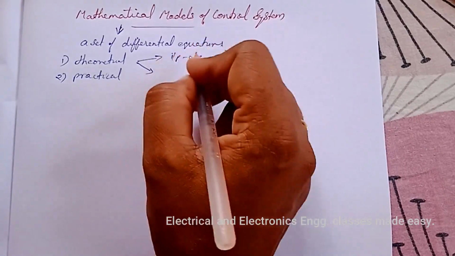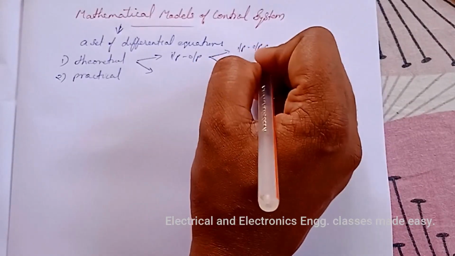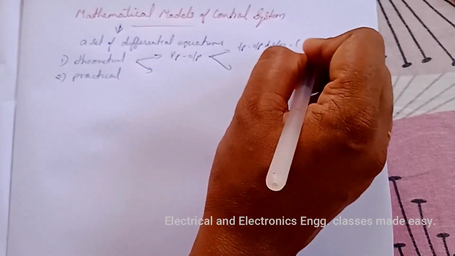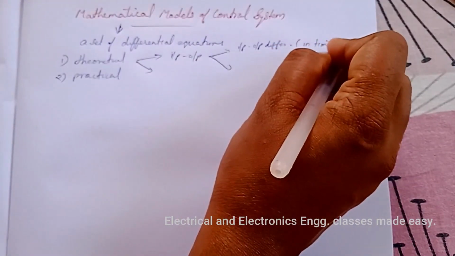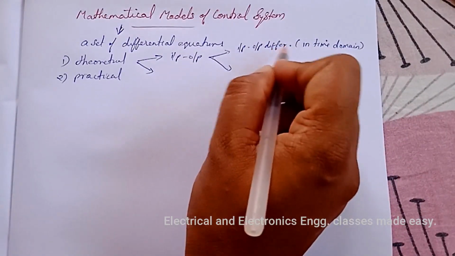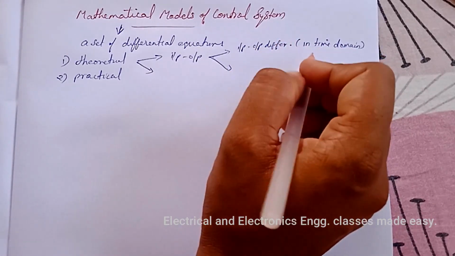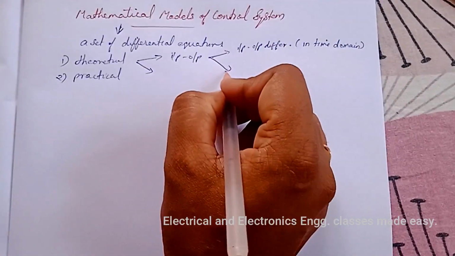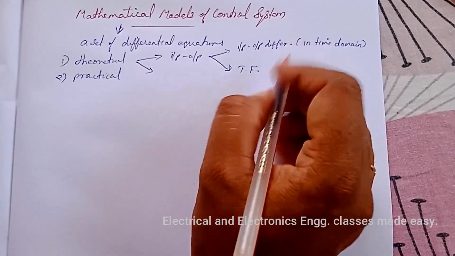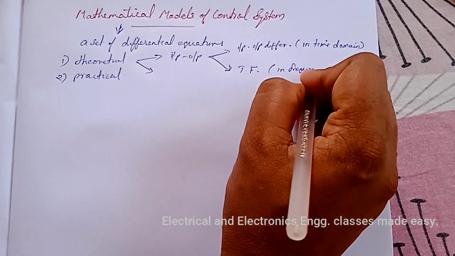Input output representation means input and output differential equations, that is, in time domain. In this method, we use the input output differential equations in time domain. The second one is transfer function representation, and that is in frequency domain.